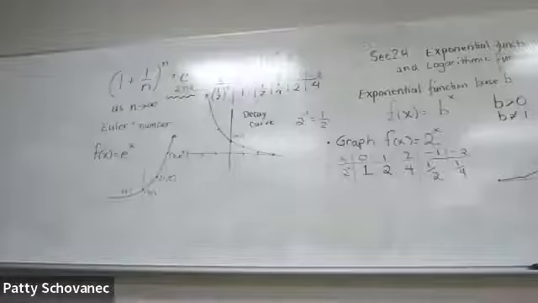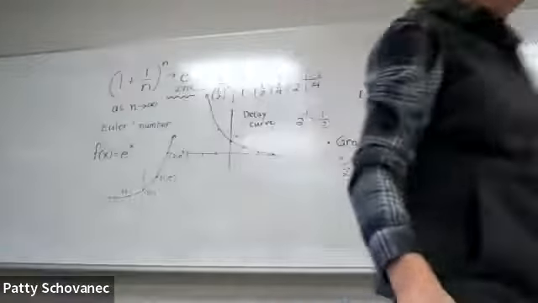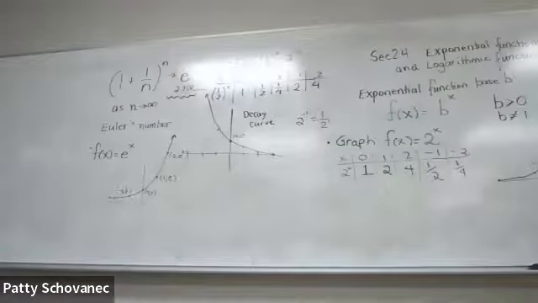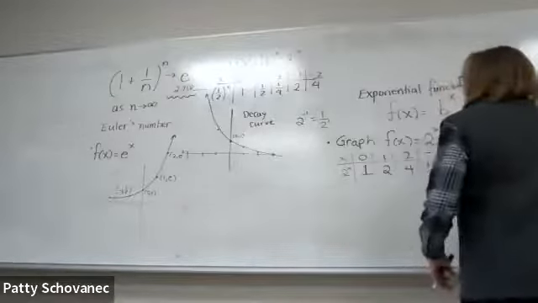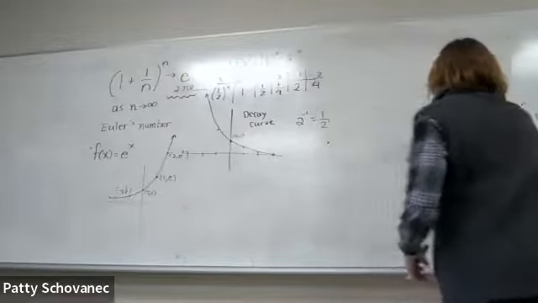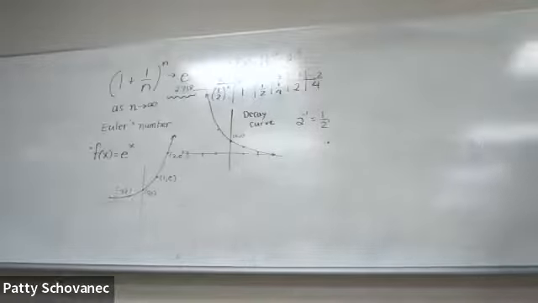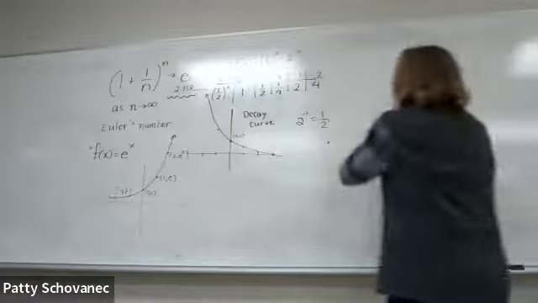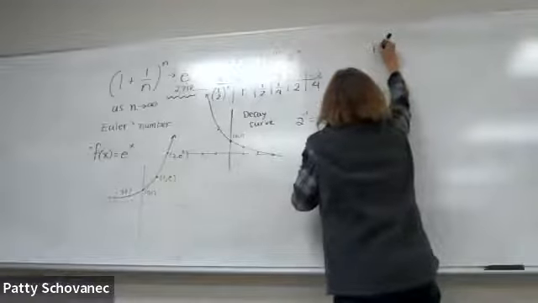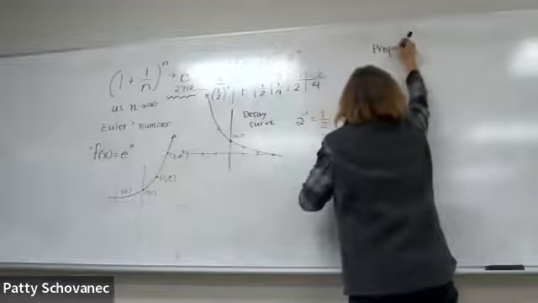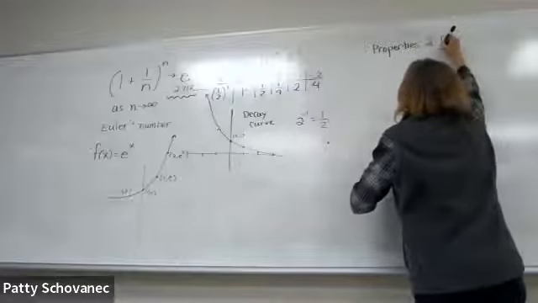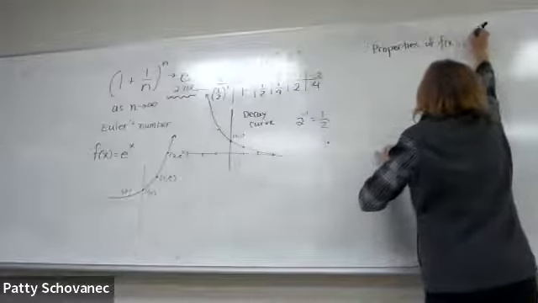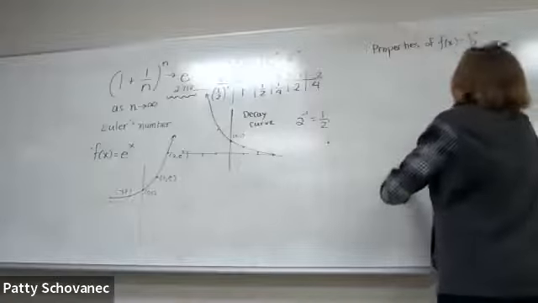So now let's list our observations at the bottom here, where it says, list the properties of the exponential function. Properties of f of x is equal to some number to the x.